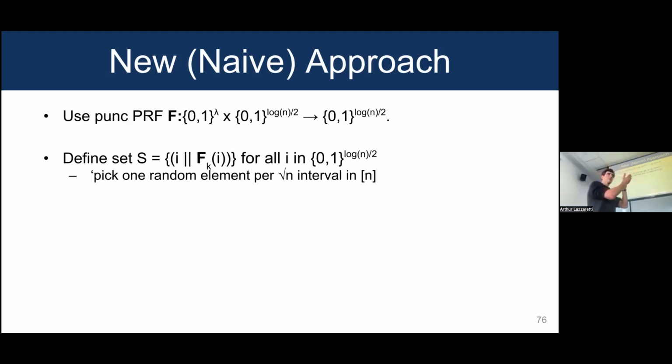For every partition of size square root of n, you have one element that's randomly picked within it. That's basically how we're defining the set.